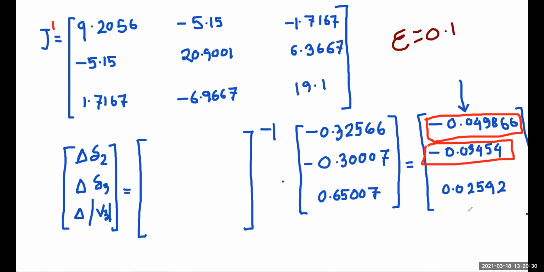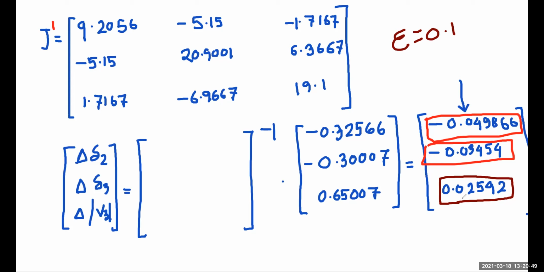So is this value smaller than 0.1 or bigger than 0.1? Smaller. So you do not have to do it again. Got my point, everyone?